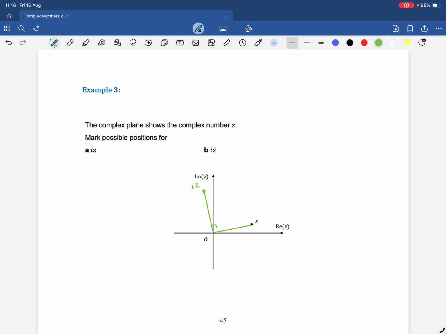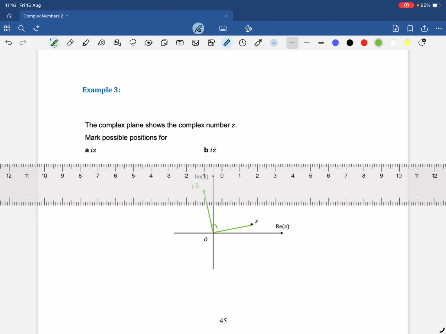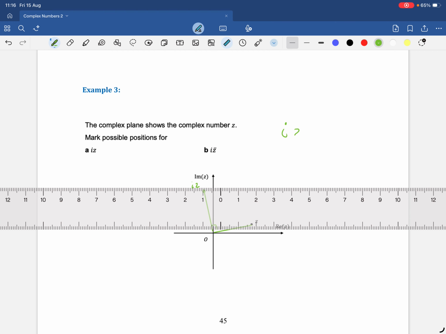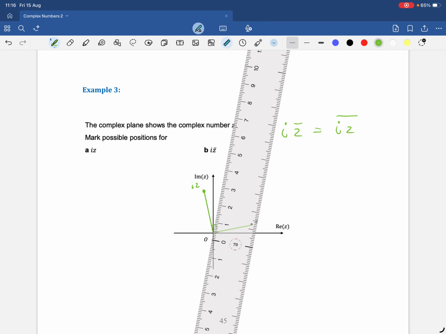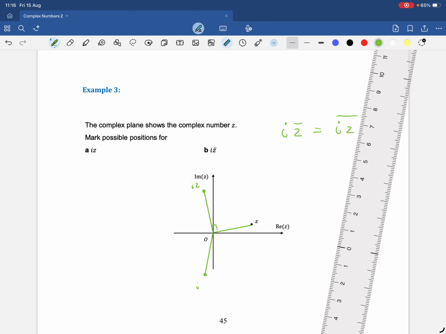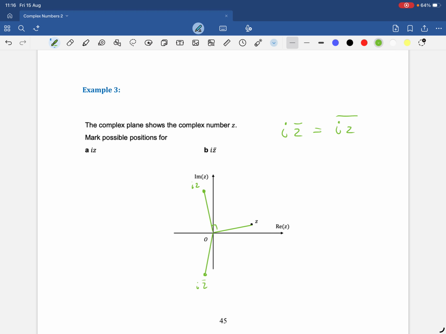And then i z bar, well, it's just the conjugate of iz. Something we will learn later is that this is the same as this. So i z bar is down there, still the same length, and it's just the conjugate, because all we have to do for a conjugate is just reflect it upon the x-axis.